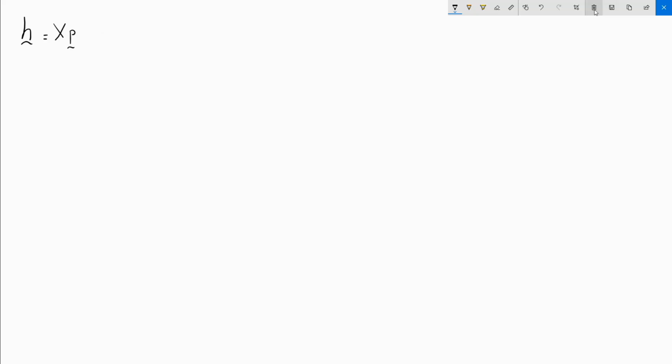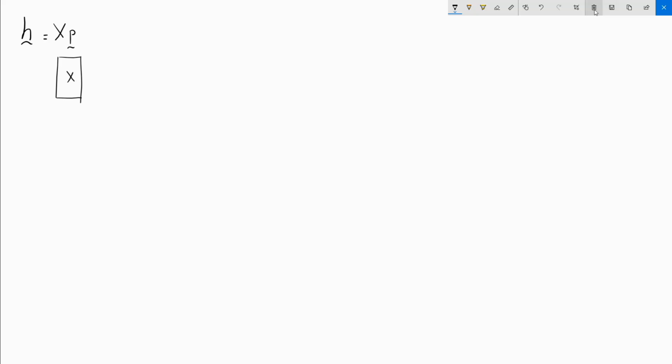I still can't calculate P from H using that equation because the X matrix is long in the vertical direction. And there is no inverse of a matrix that is long in the vertical direction. Only a square matrix has an inverse.